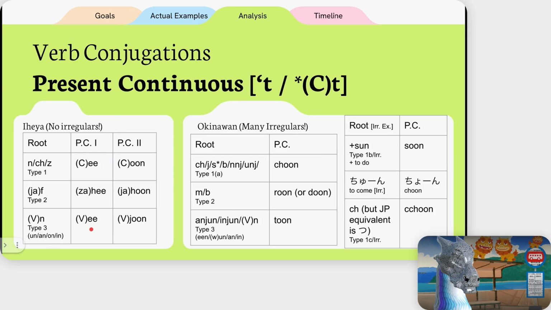And then for Okinawan, it's a lot more complicated. You have a lot of consonant ones, which have become the ones that use lips. Wait, my bad. Ignore that. It's supposed to just ignore the B. That's supposed to be in type 2.